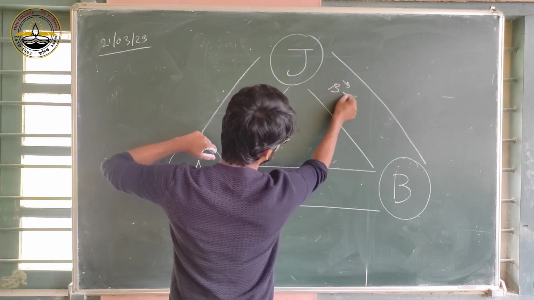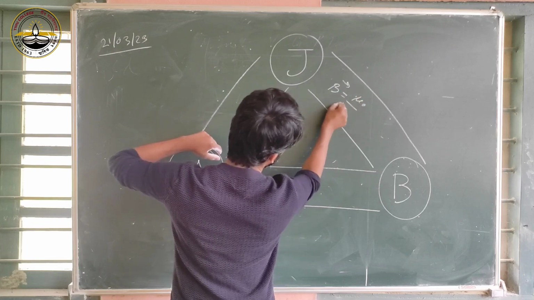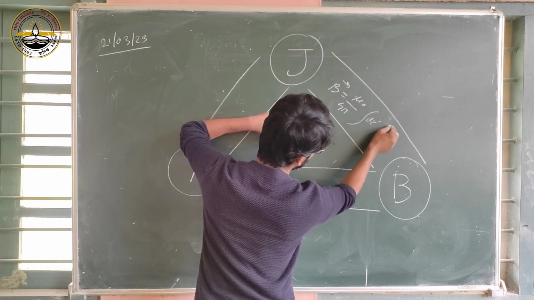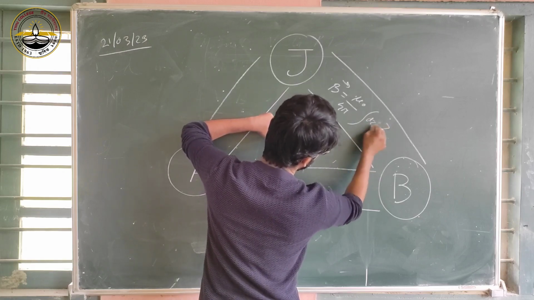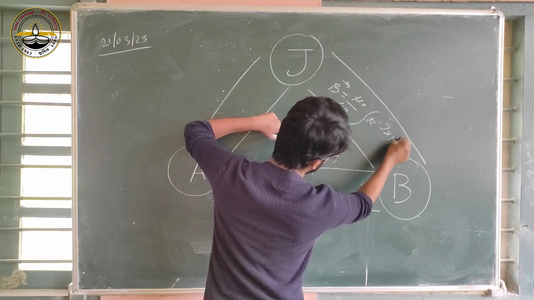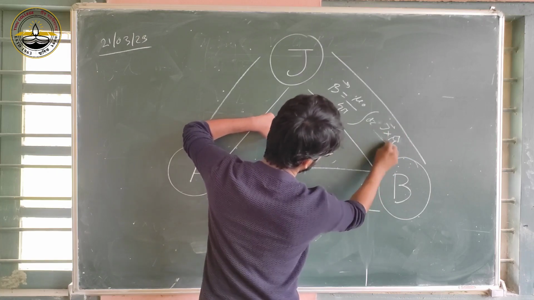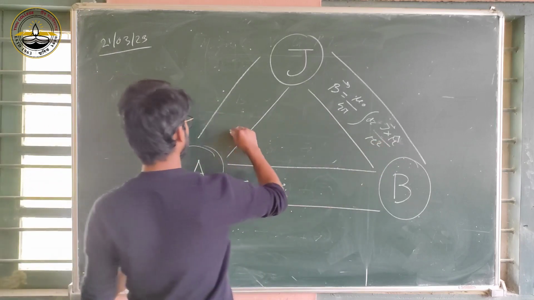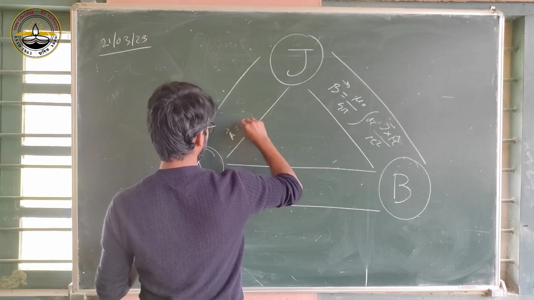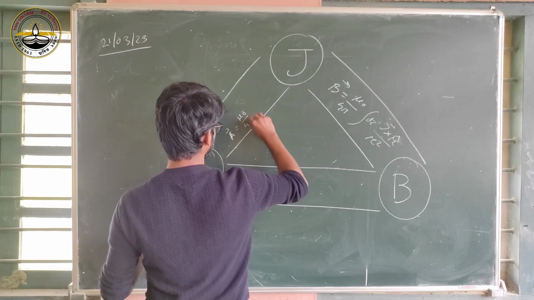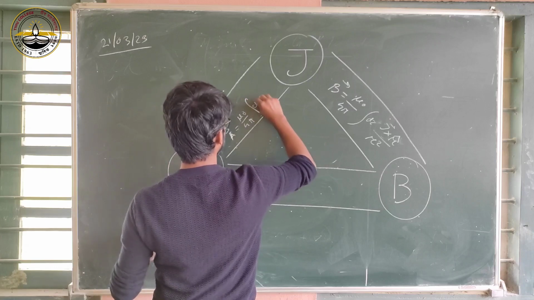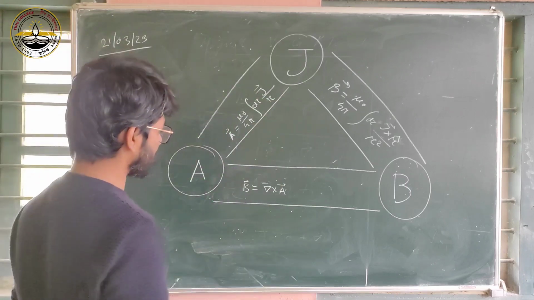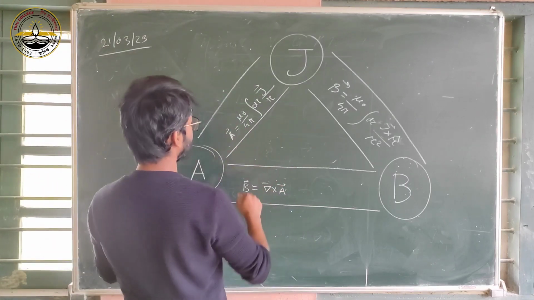B equal to mu naught by 4 pi, integral d tau prime J cross R over R square. This del dot A equal to 0 will come only when you say del dot A equal to 0.